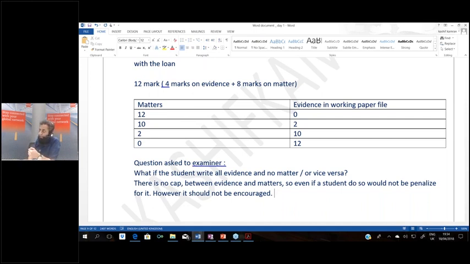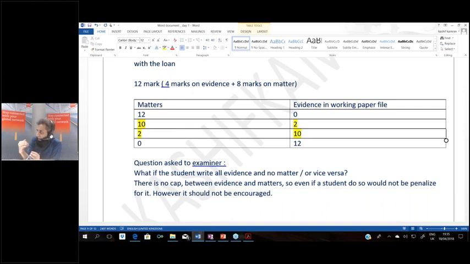So as a tutor, should I encourage that? No. I'll say write at least some evidences and some matters. If you ask me what's good for us, I'll say 12 and 0 is something very bad. 10 and 2, that's very good. 2 and 10, that's very good. You can write something more and something less, but you cannot write something zero, right?